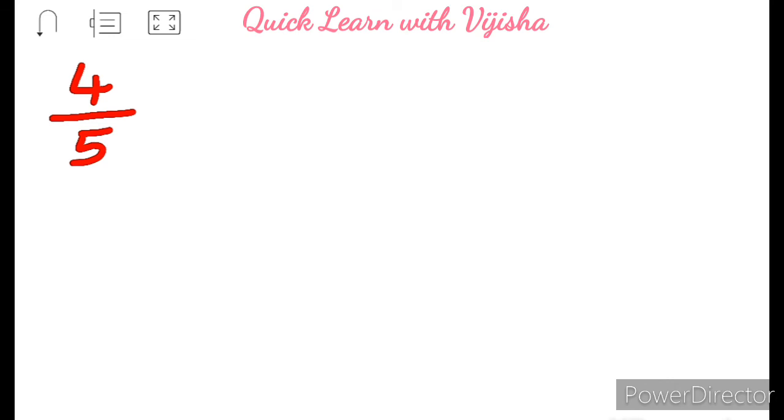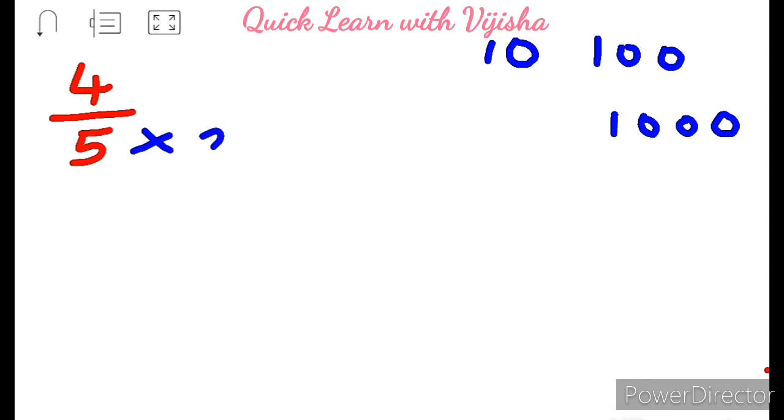4 upon 5. Now for 4 upon 5, the nearest number is 10. We have to convert it into 10 or 100 or 1000. I have already told you. Now for 5, the nearest number is 10. That means 5 2s will become 10. So in the numerator also we will multiply with 2.